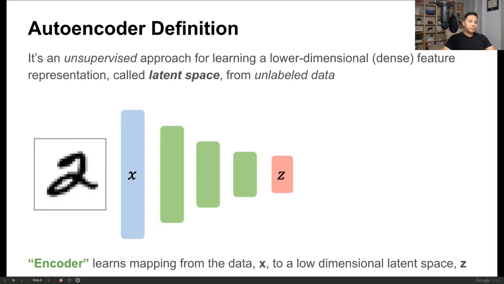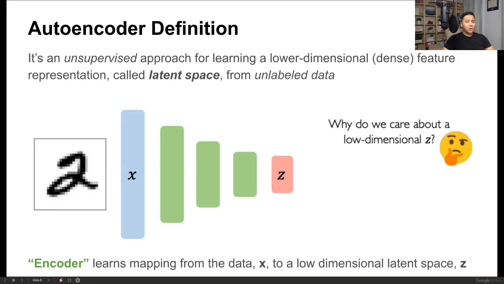Z, right? And then you may ask, well, why do we care about the low-dimensional Z? Well, there are a few reasons. Number one is that Z actually represents knowledge, the compact representation of the input data, right? So think about X here as very high dimensional data. And typically, we are trained as humans to look at this image and say that is a 2. But if you think about it, it's just a series of pixels.